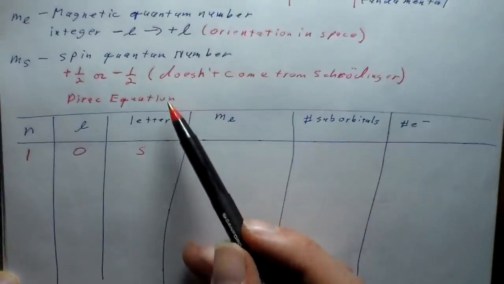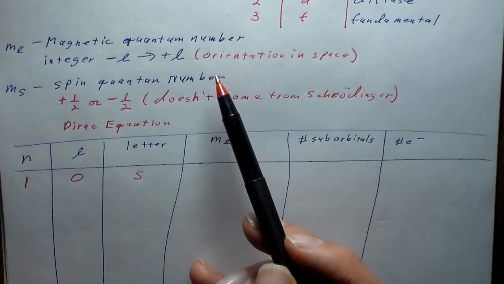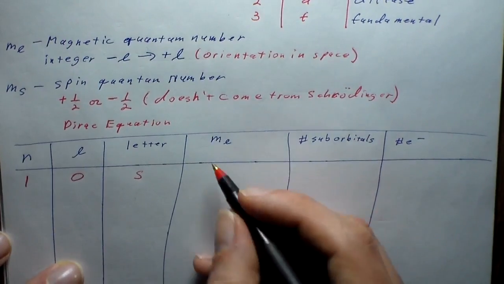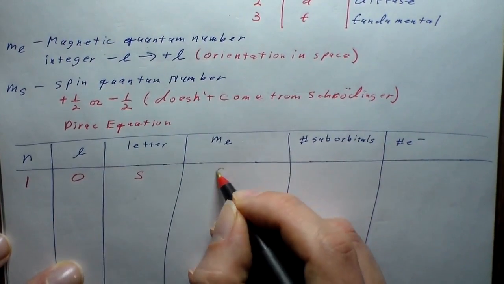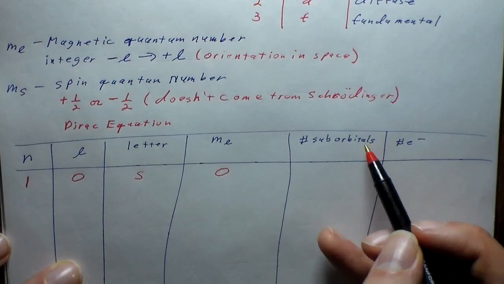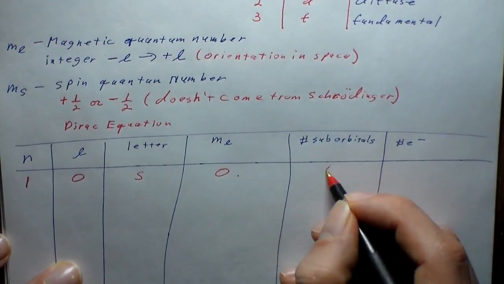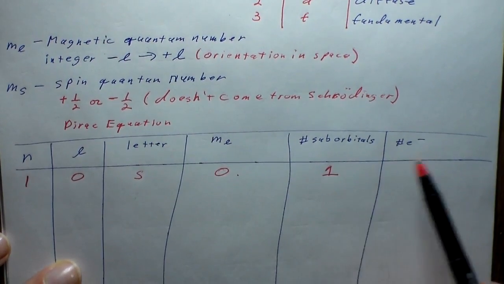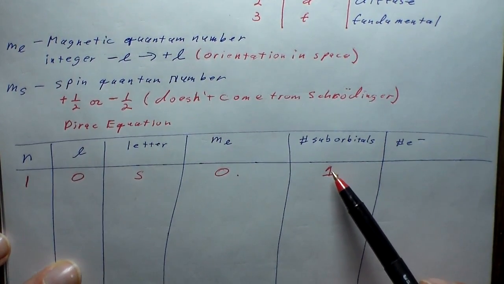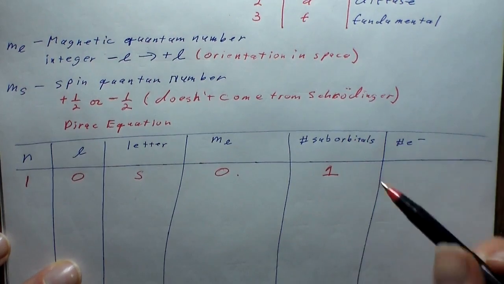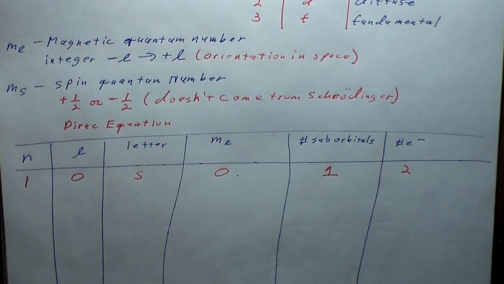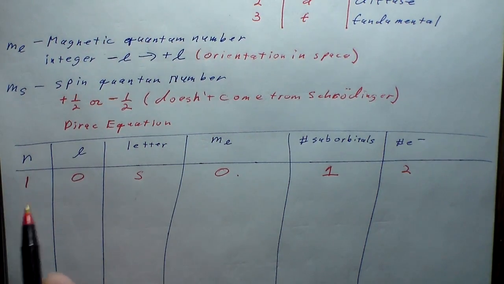The m sub L goes between plus and minus L, so in this case that is just 0. Number of suborbitals, that's the number of m sub L's that we have, so we just have 1 here. Now each suborbital can carry a total of 2 electrons, so this is going to be 2 electrons right there. And that's all we have for the n equals 1 level.